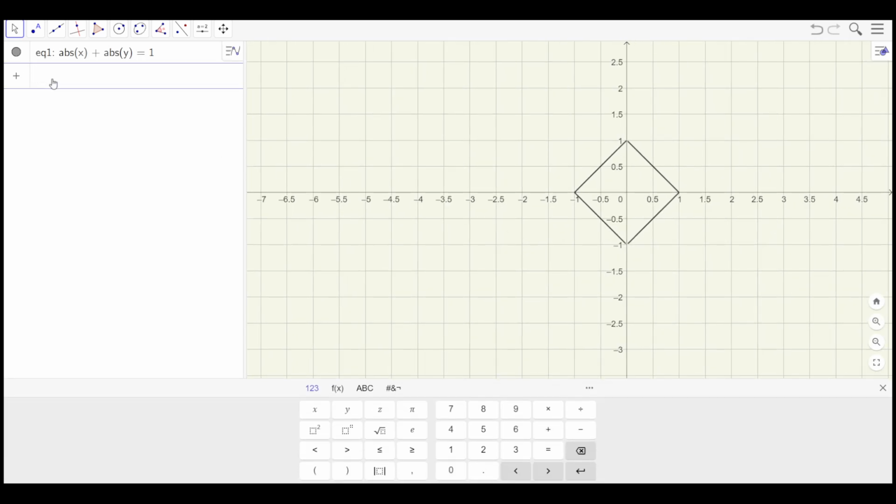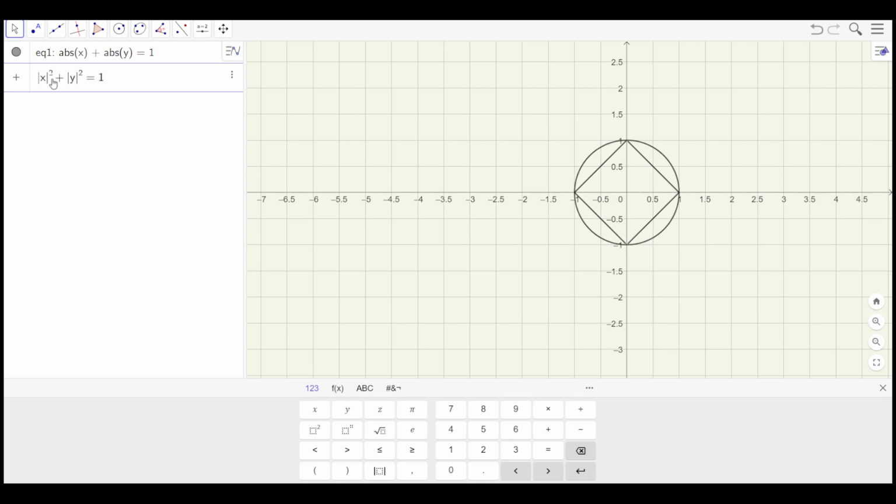Okay, now let me write, of course ABS is not necessary here, but let us stick to that: ABS of x to the power of 2 plus ABS of y to the power of 2 is equal to 1.